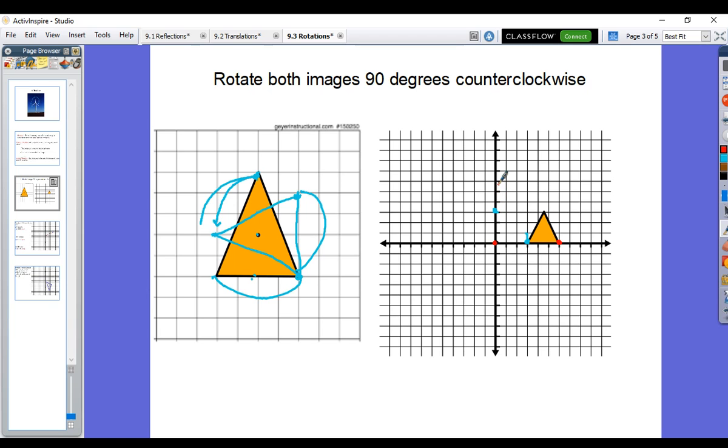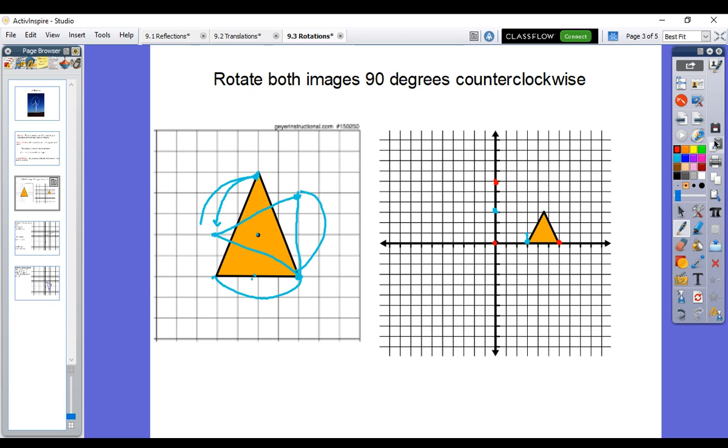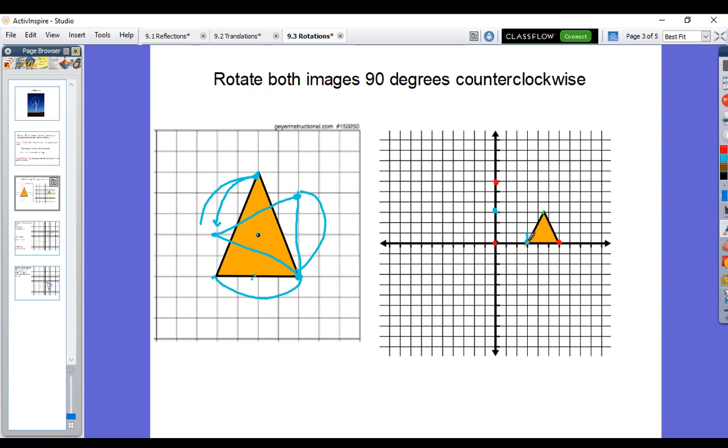And this point in the middle is 4.5 over, and then up 3. So it goes up 4.5 and over 3. There you go. This got rotated 90 degrees that way.